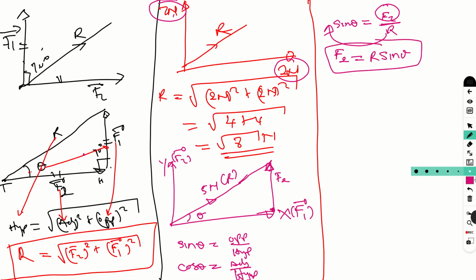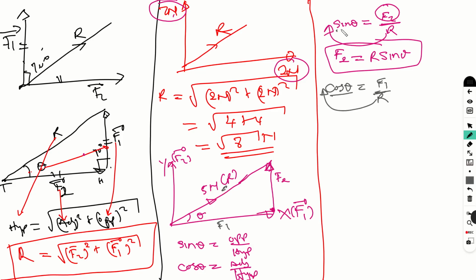Now, if I want to look for the other case, we have cos theta. Cos theta will be equal to adjacent over hypotenuse. My adjacent now will be this one, which is F1. So it will be F1 over hypotenuse, which is R. Since you're looking for F1, you take this R to this side above the line.